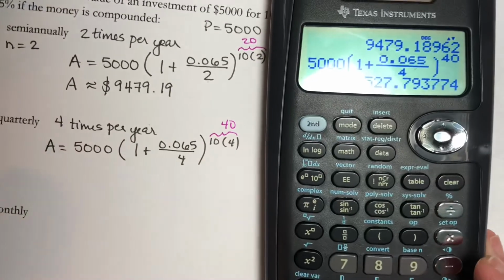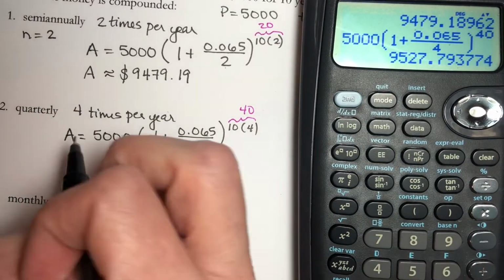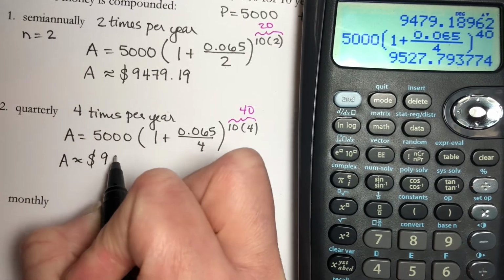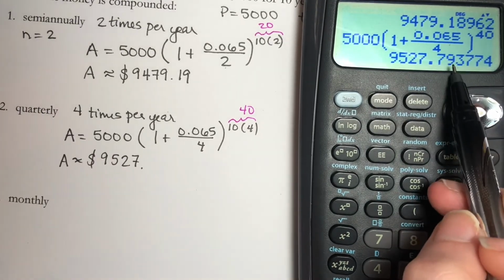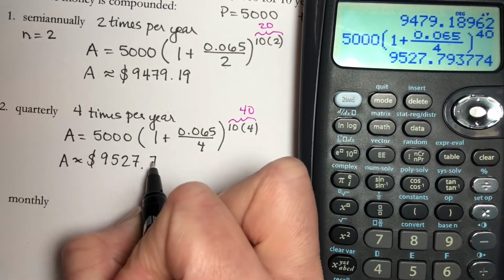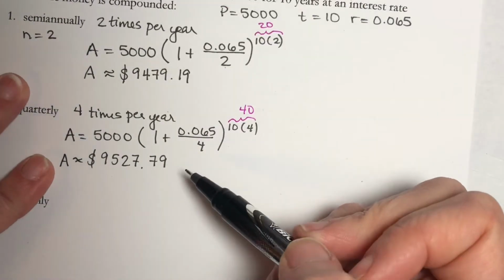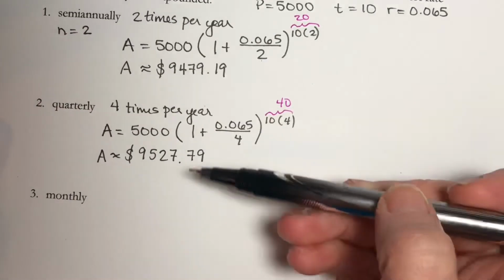And I get 9,527. So $9,527 and what is that going to be, 79 cents? It is larger. So we expect, the more times you compound, the better off you're going to be.